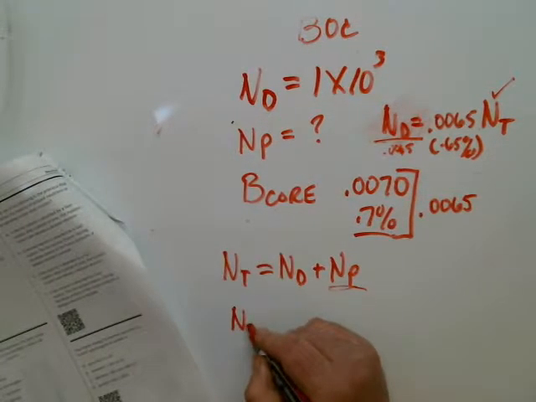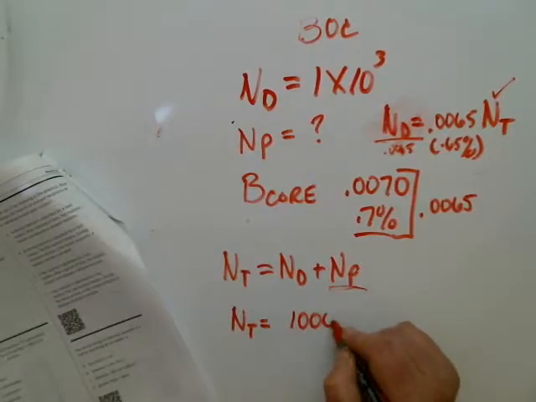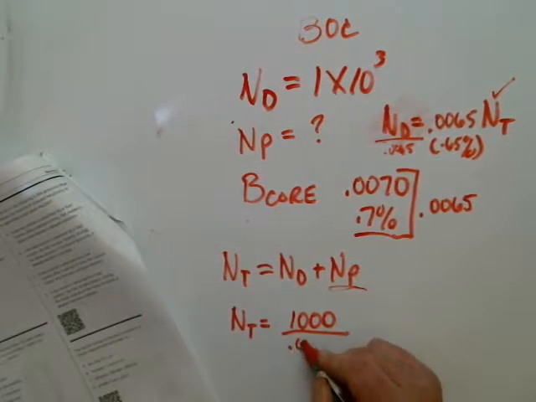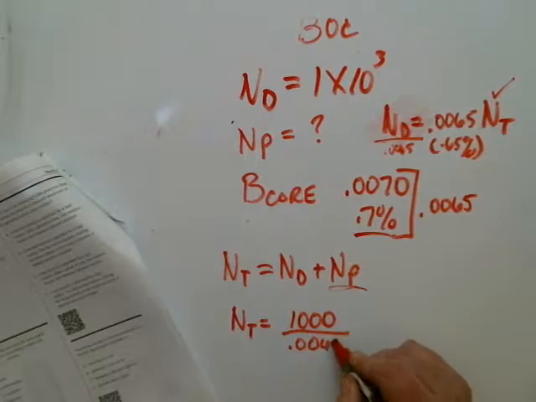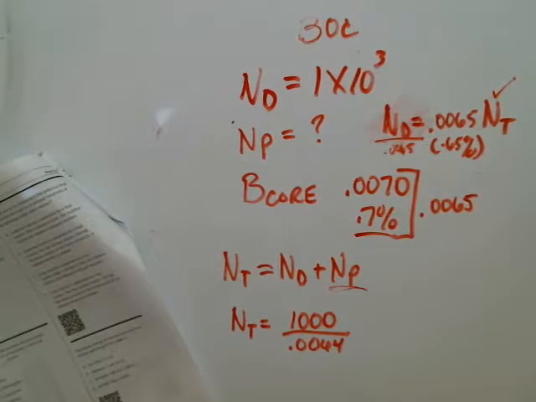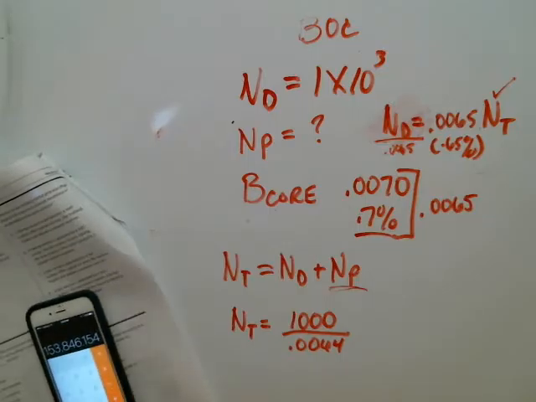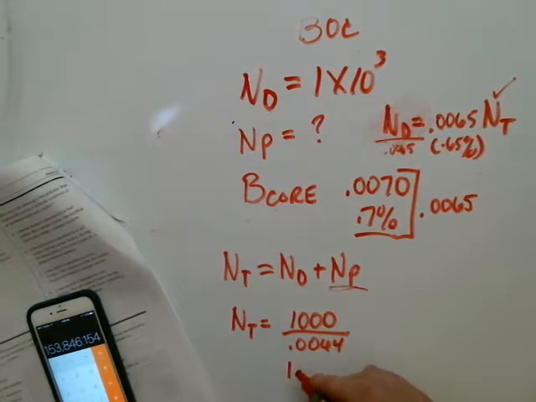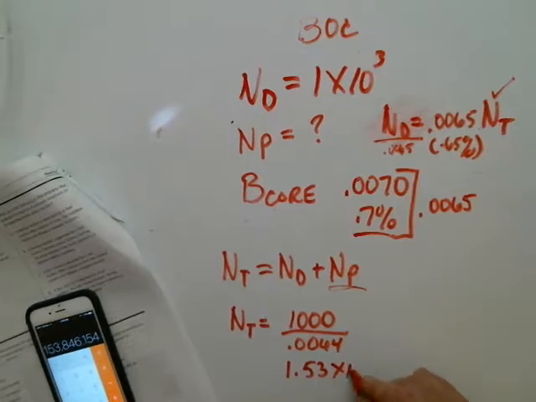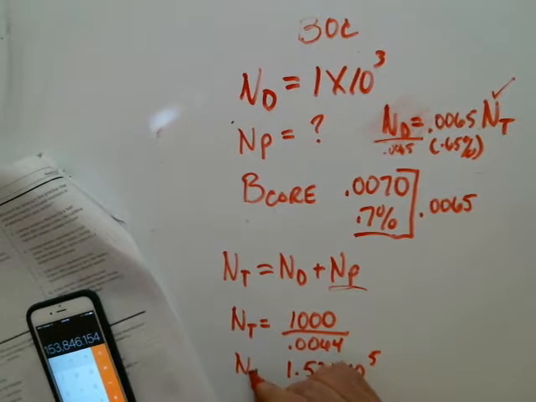So the total neutron population equals 1,000 divided by the delayed neutron fraction. And if I do that on my calculator, 1,000 divided by 0.0065 equals about 1.53 times 10 to the 5th, and that's total neutrons.